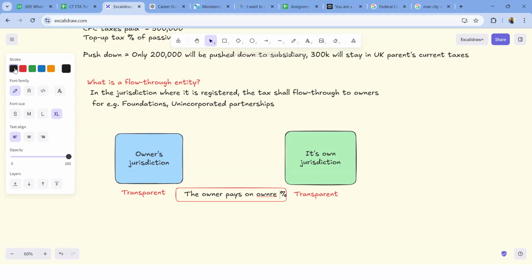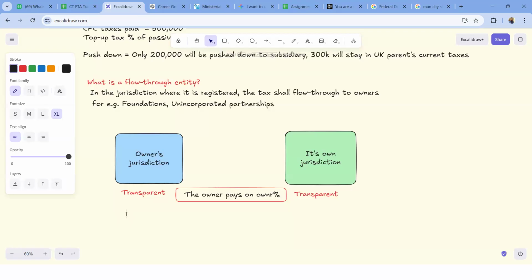Whatever the ownership share is, the taxes would be distributed for GloBE purposes. So let's say A company and B company are holding this entity in a 50-50 ratio. These income and taxes would be distributed to them. Correct? If it is transparent.